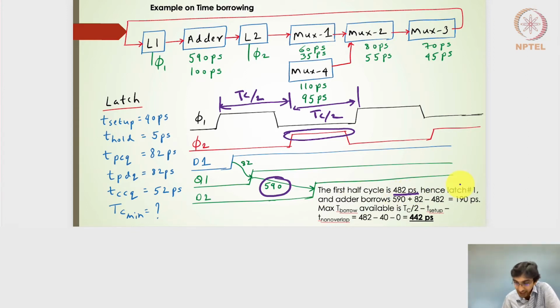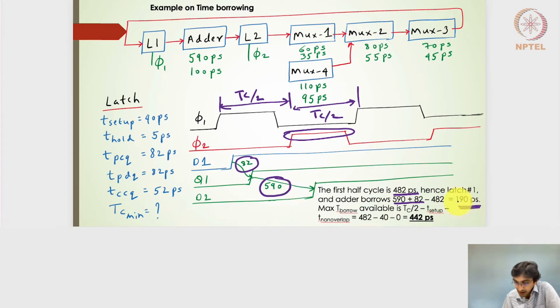Latch 1 generates the output after 82 picoseconds, and the adder generates the output after 590 picoseconds. So the latch 1 and the adder borrow 590 plus 82 minus 482, which is around 190 picoseconds.